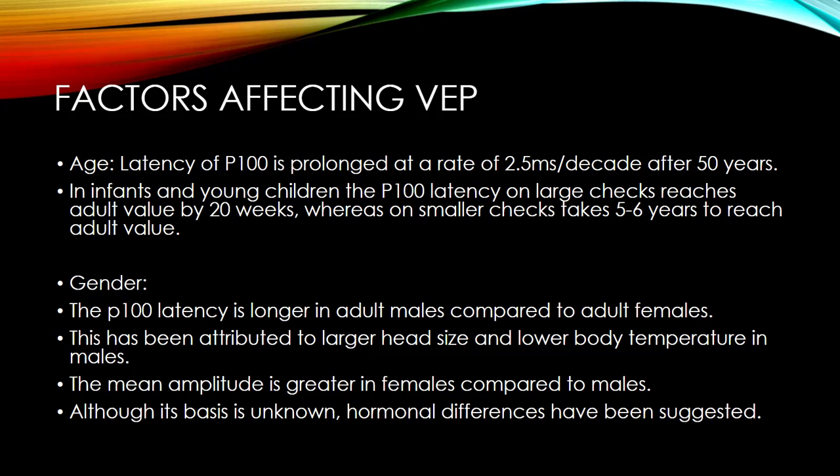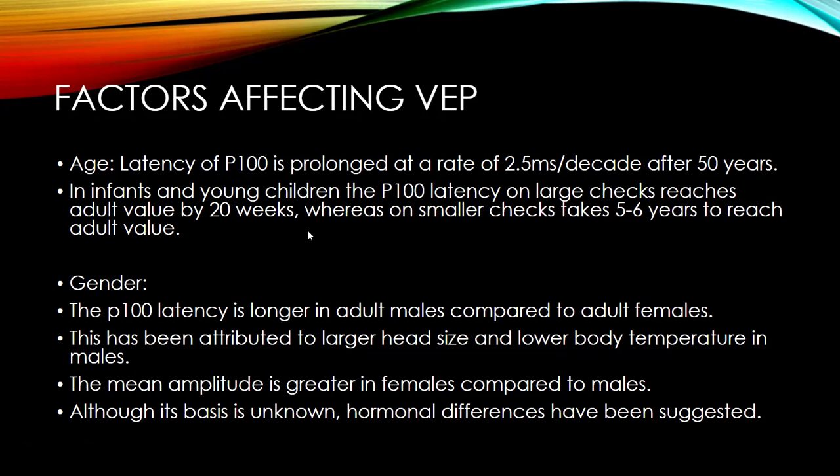After each decade, we have to add 2.5 milliseconds. So at 70 years of age, around 5 to 6 milliseconds of extra P100 prolongation is what we accept.